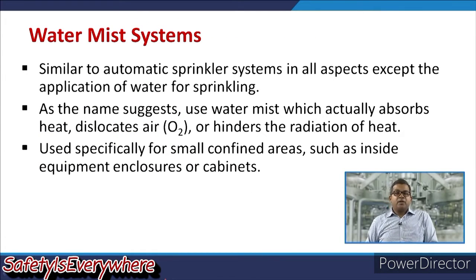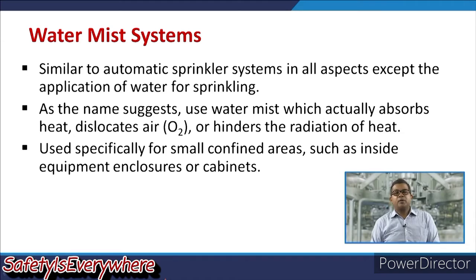Now there are certain water mist systems. They are usually similar to the automatic sprinkler system in all aspects except the application of water from a sprinkler. As the name suggests, they use water mist, which absorbs the heat, displaces the air or oxygen, and hinders the radiation of heat.